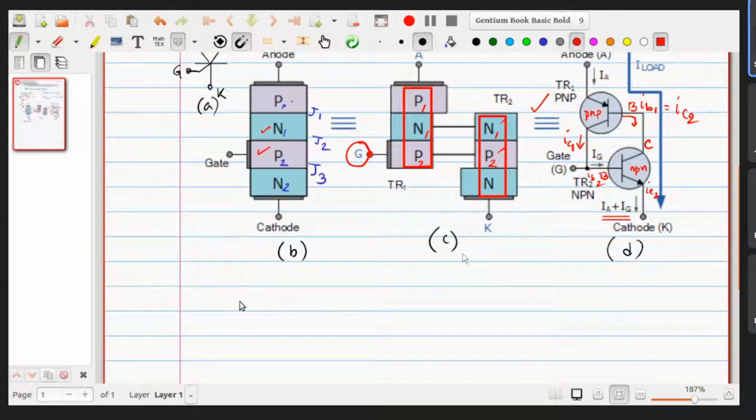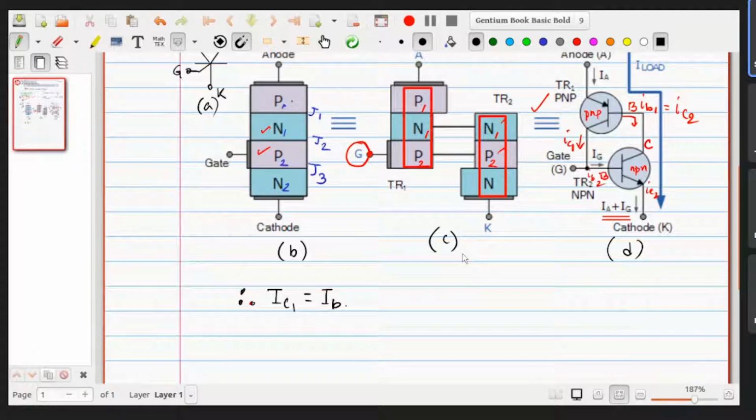So therefore, what we can write, IC1, or maybe we can write with this capital notation, though again that small signal, large signal analysis factor will come up.